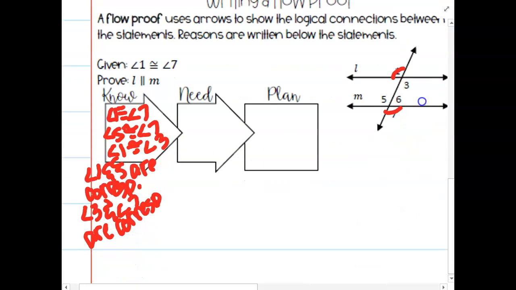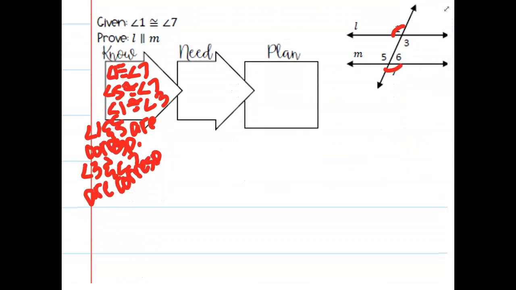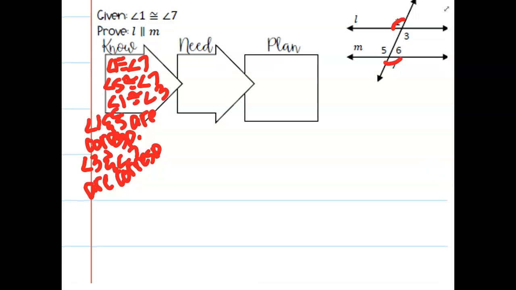So we've started to talk about the corresponding angles. If I could prove that one of these sets of corresponding angles are congruent, and keep in mind, without using the parallel lines, then I could say that these lines are parallel.